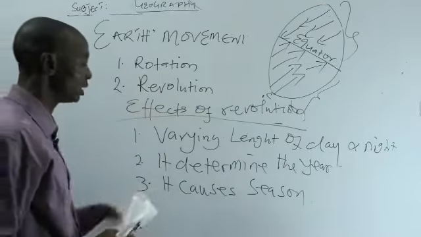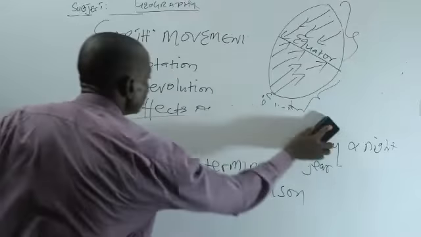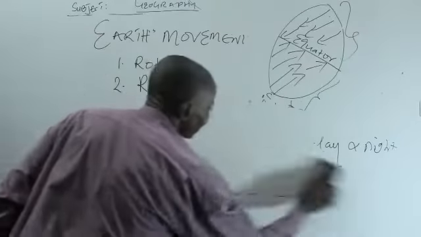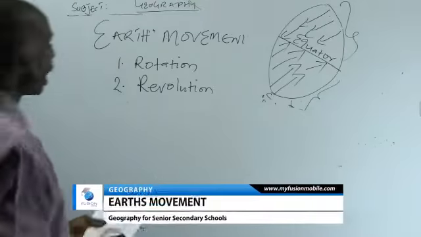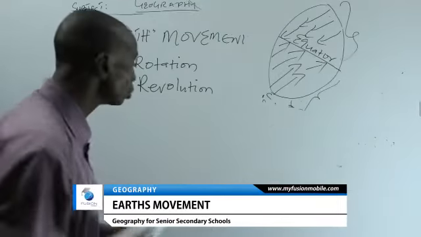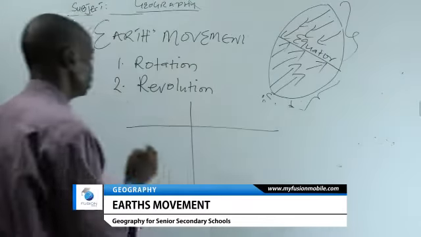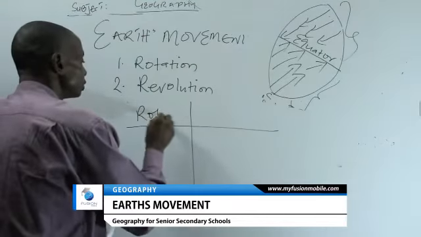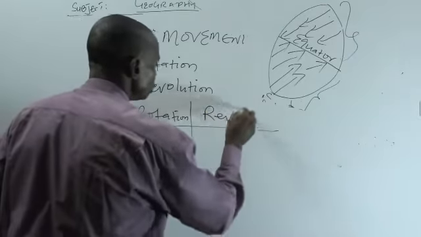Now, what are the differences, or what are the similarities? Let's look at the differences first. What are the differences between rotation and revolution? When you are asked this, the simplest way of doing it is to provide a table. This is rotation, this is revolution.